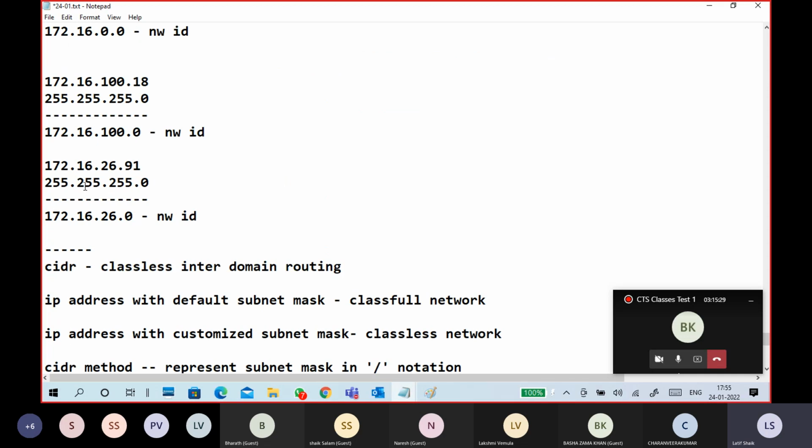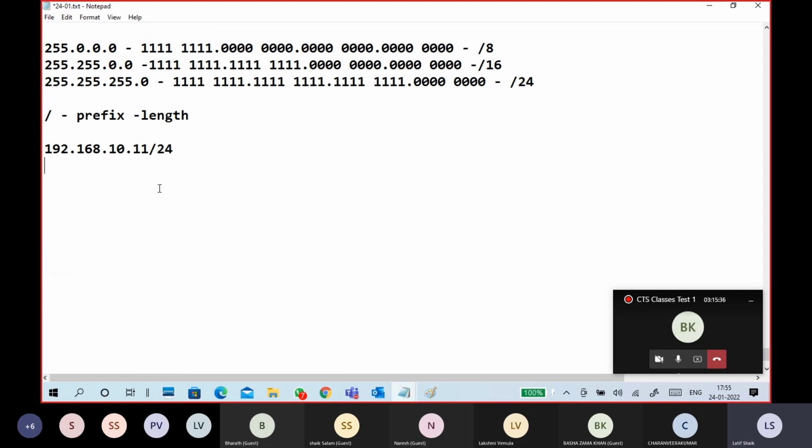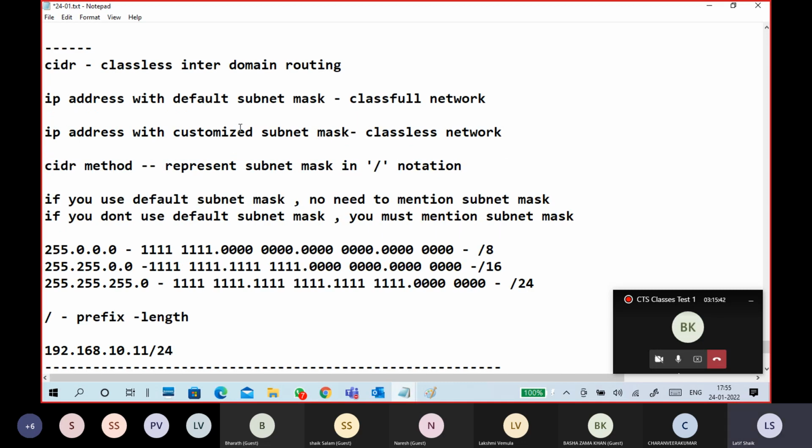First of all, I'll take this one. So this is the same only. Say classless inter-domain routing. Classless means if you use a customized subnet mask, not the default subnet mask, it is a classless network.